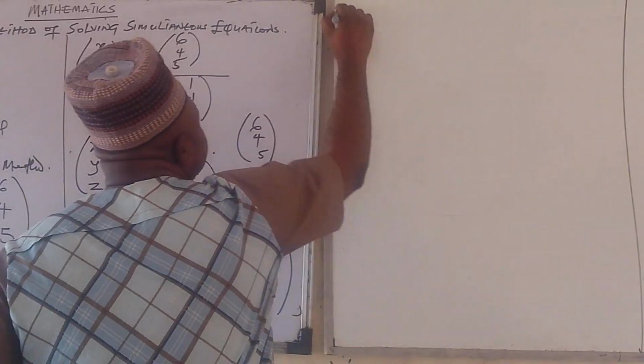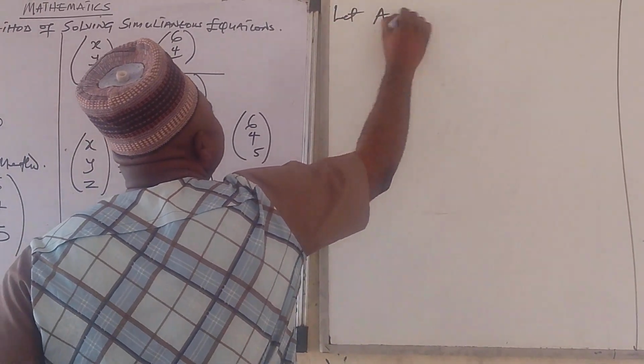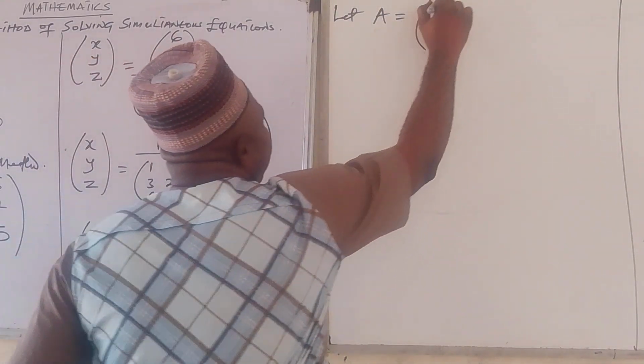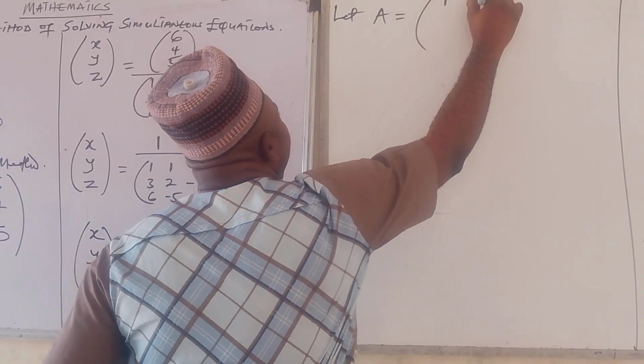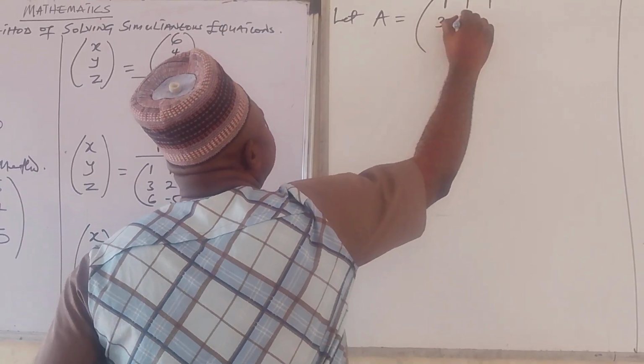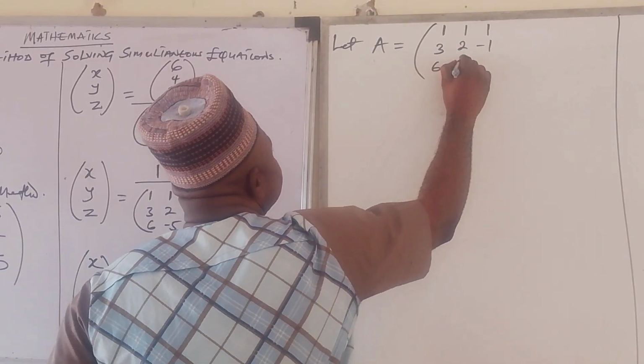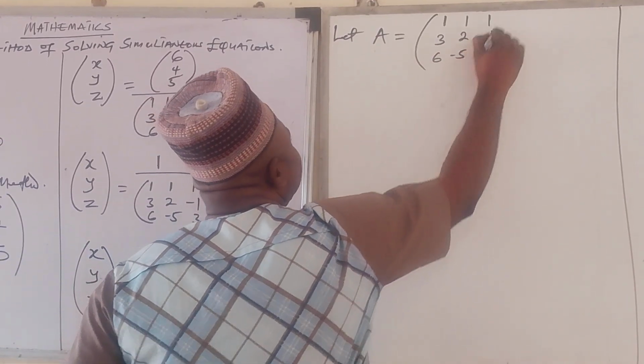So here, let A be equal to the matrix with rows 1, 1, 1; 3, 2, minus 1; 6, minus 5, and 3.